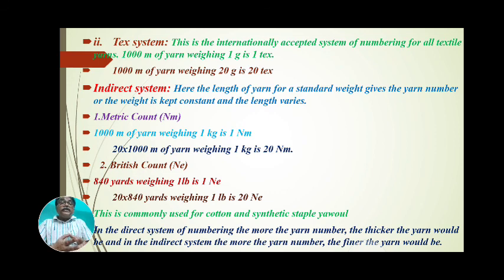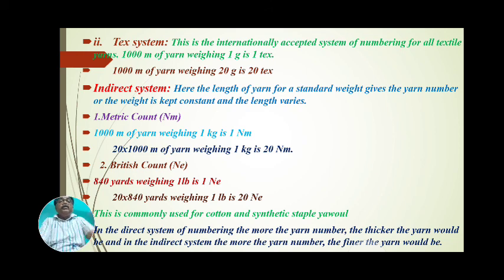In the direct system of numbering, the higher the yarn number, the thicker the yarn would be, and in the indirect system, the higher the yarn number, the finer the yarn would be.